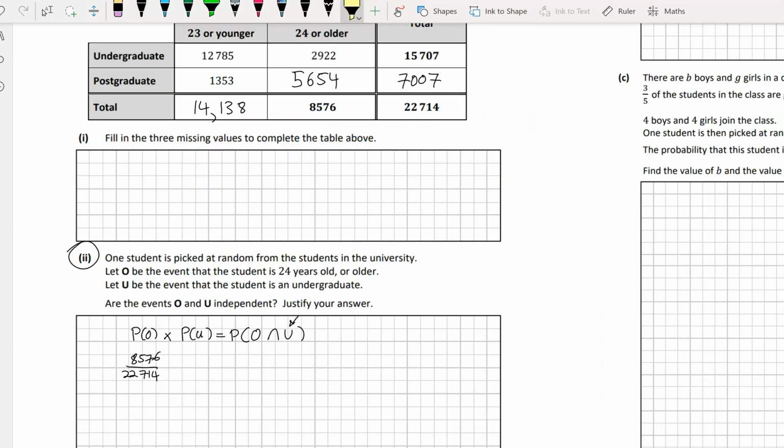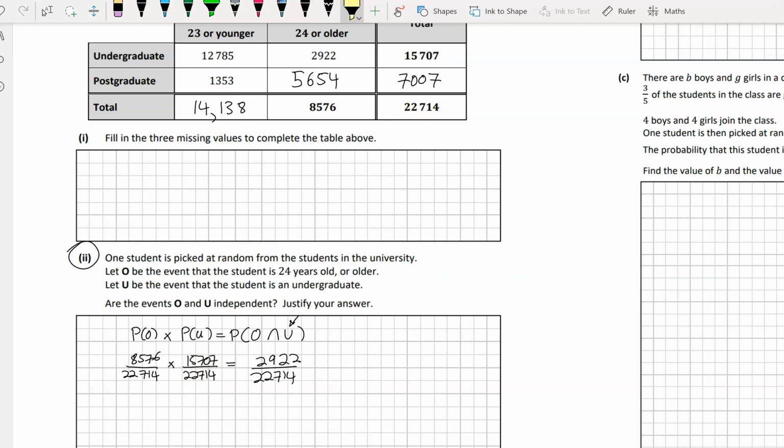So we go with the probability of O, of being 24 years or older. That's 8,576 students out of 22,714. So our probability is the following fraction. Next, the probability of U, being an undergraduate. That's 15,707 students over 22,714.